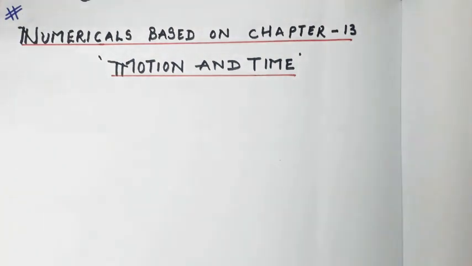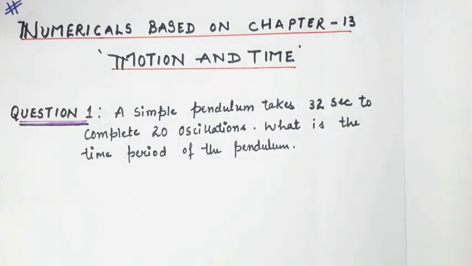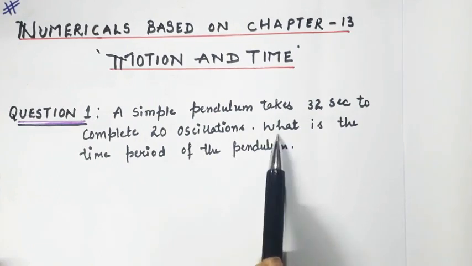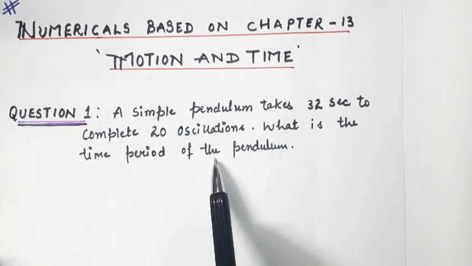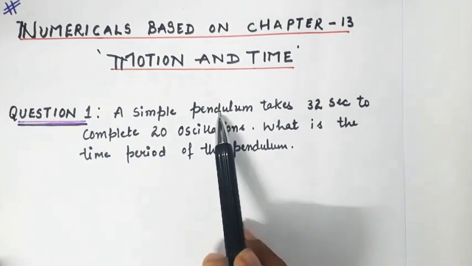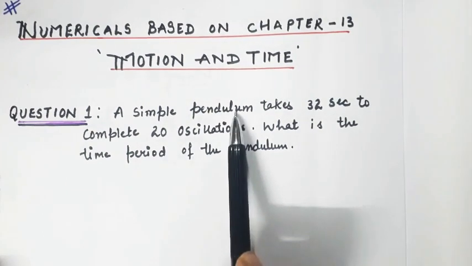So here we go. This question says, a simple pendulum takes 32 seconds to complete 20 oscillations. What is the time period of the pendulum? See, simple pendulum, you know that because I have explained in my previous classes.